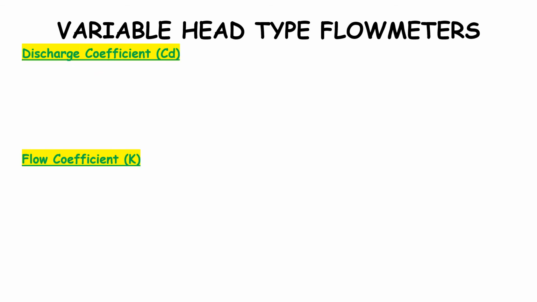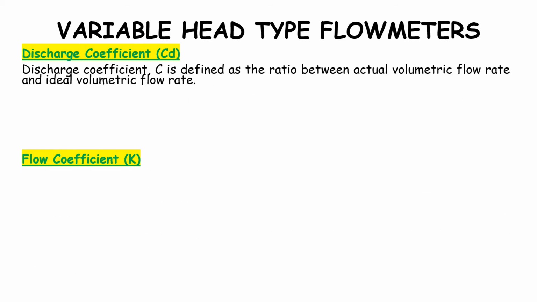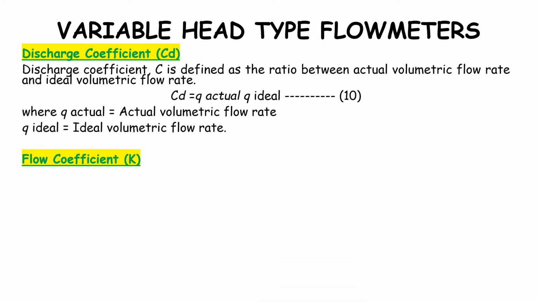The other definition is the discharge coefficient, which is represented by CD. The discharge coefficient CD is defined as the ratio between actual volumetric flow rate and the ideal volumetric flow rate, where CD is equal to Q actual divided by Q ideal. Q actual is the actual volumetric flow rate and Q ideal is the ideal volumetric flow rate.